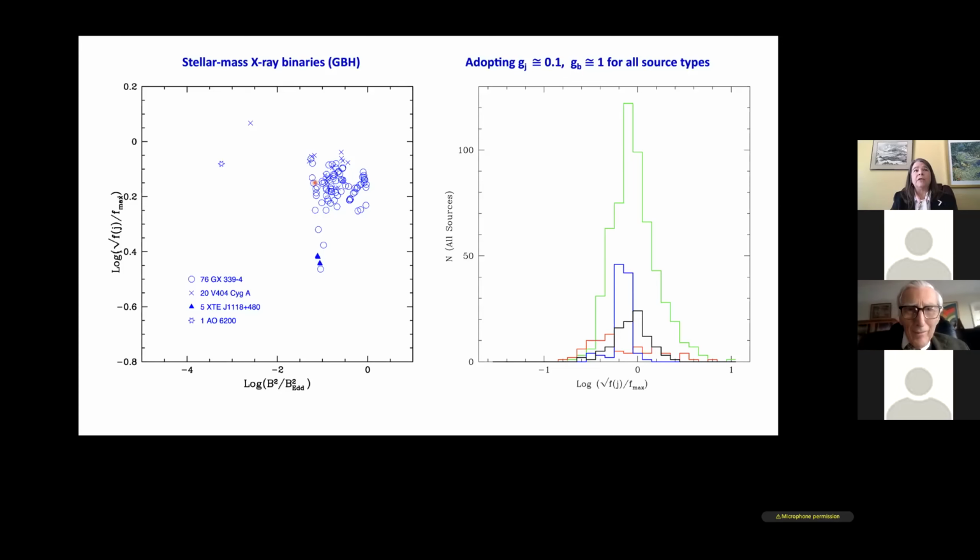And well, first you can see that all of these spin functions are pretty much staying below the F = 1 line. There's a very broad dispersion in the properties of the accretion disk, but there's a very small dispersion in the spin function.